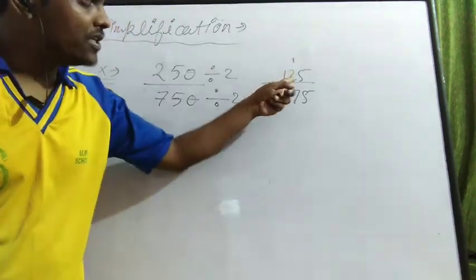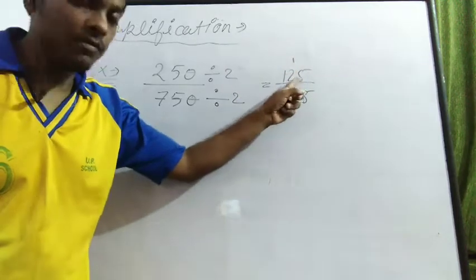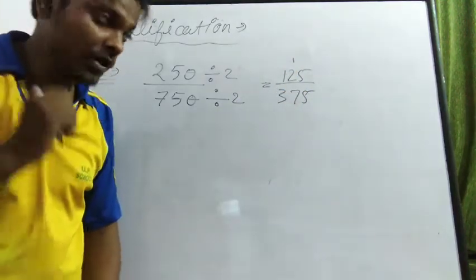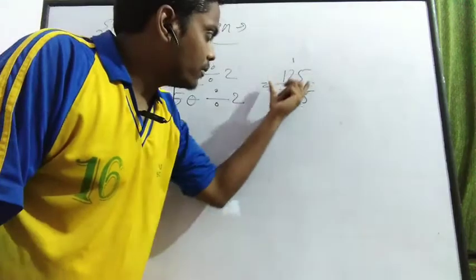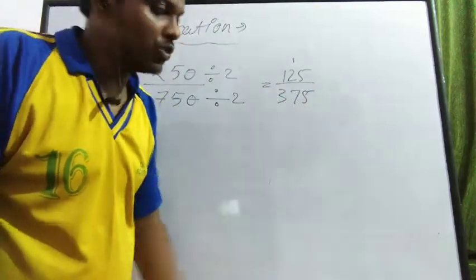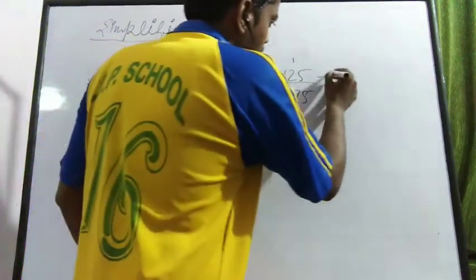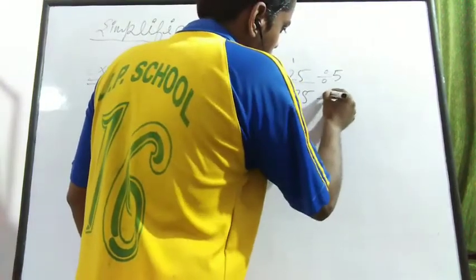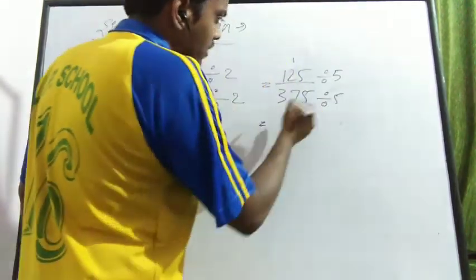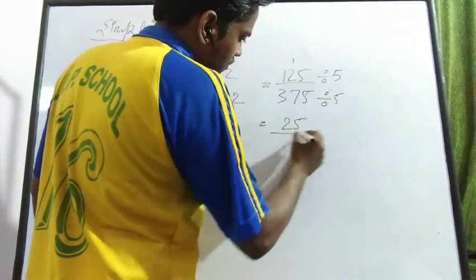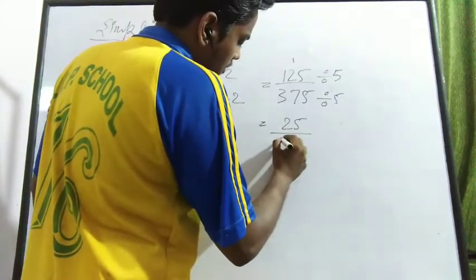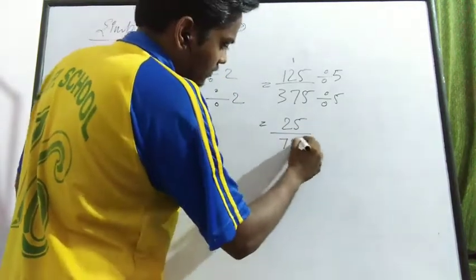Now we have seen that the unit place has 5, so we can choose 5. Both have 5 at the unit place, so we can easily divide both of them by 5. So 5 2s are 10... 5 5s are 25, 5 7s are 35, and 5 5s are 25.